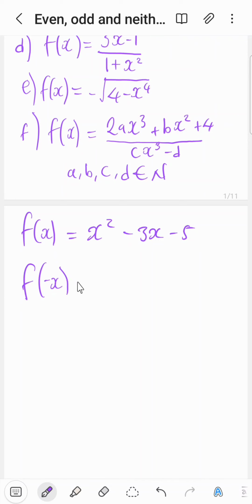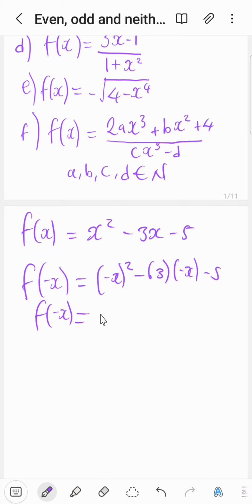Find f of negative x. So we're going to have negative x squared, the power 2 is positive, minus 3 times negative x, negative by negative will be positive, 3x minus 5. So you know that our f of x is not equal to f of negative x, therefore not even.